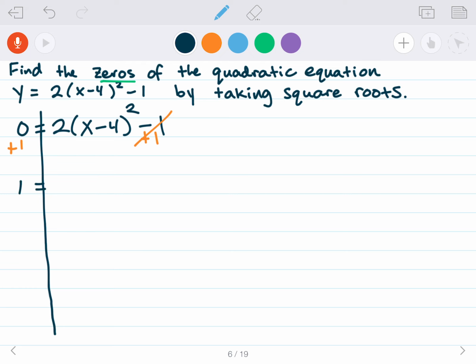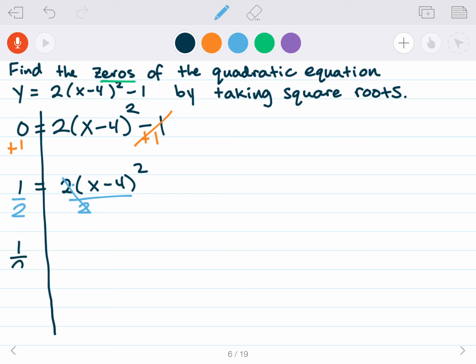When I do that, I get 1 on the left, and then I get 2 times (x minus 4) squared on the right. The next operation that needs to go is multiplication by 2. That's on the outside of what's happening to x. So to get rid of that, I can divide both sides by 2.